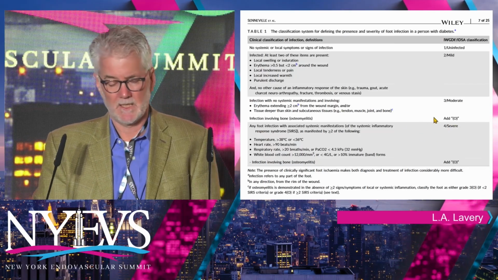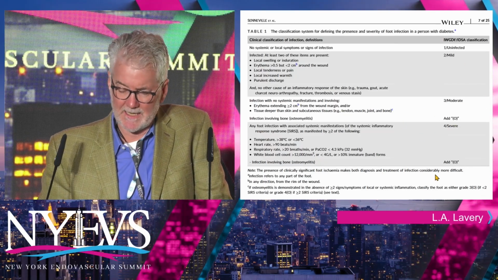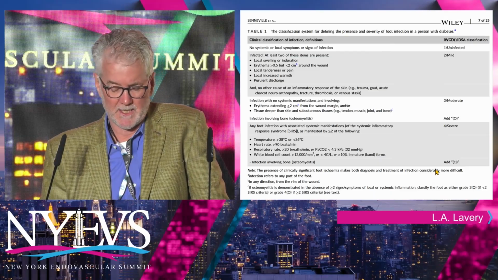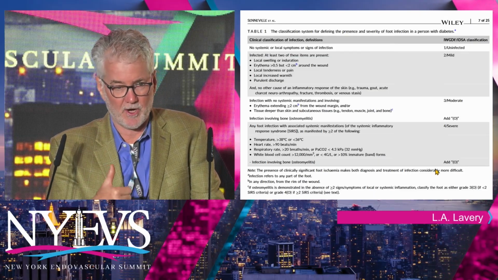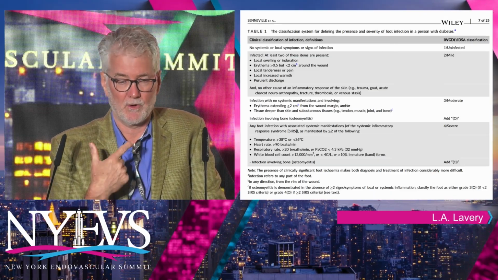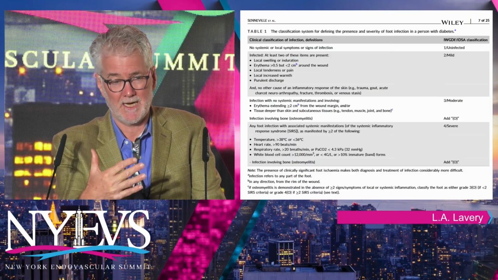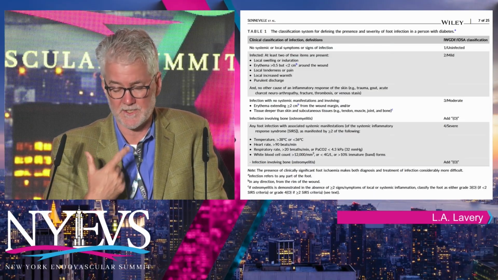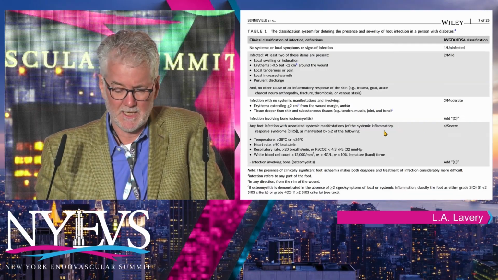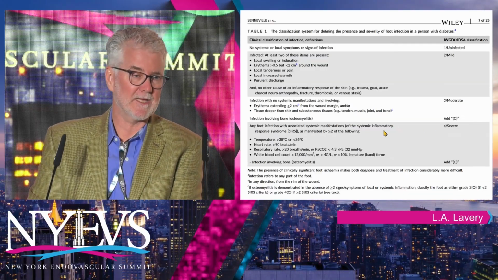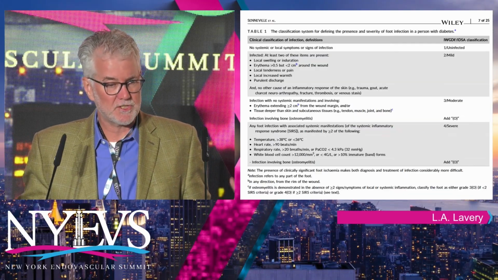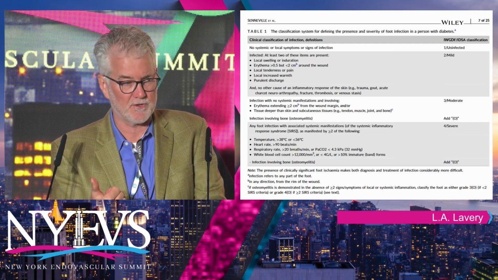Okay, so again, I think this is important because it helps you identify severity. It helps you plan or understand resource utilization. And I think it helps you sit down and talk to your patient and let them know how severe their wound is and what their outcomes are likely to be. What we don't include in this, because this is such a complex issue, is that our patients have bad vascular disease.